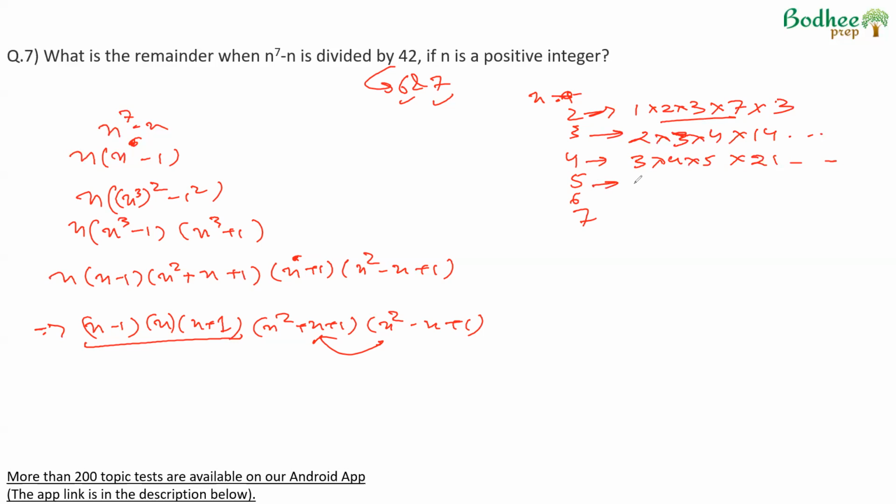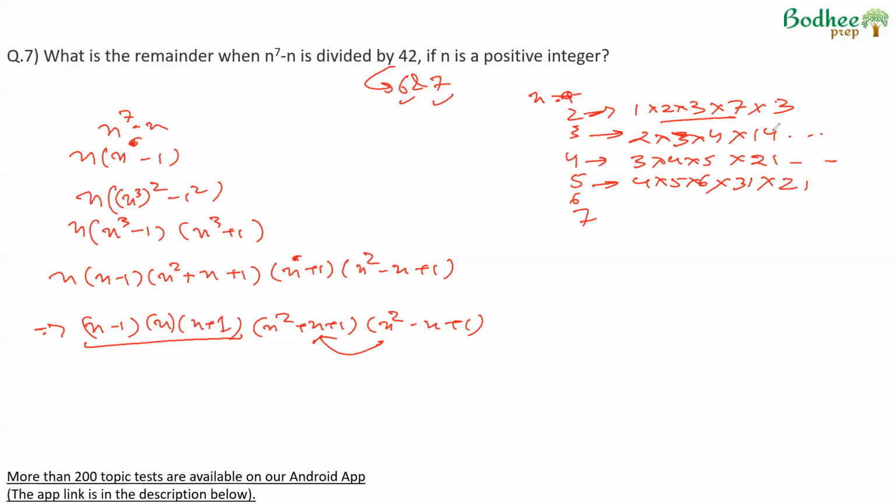If we have n as 5, we'll get 4, 5, 6. We already have a 6. 5 square is 25, plus 5 is 30, plus 1 is 31. 25 minus 5 is 20, plus 1 is 21.